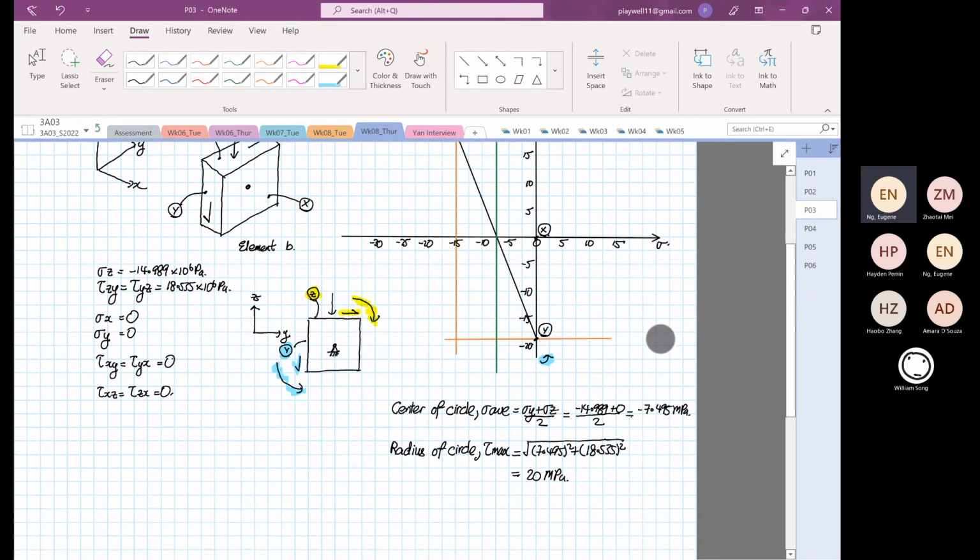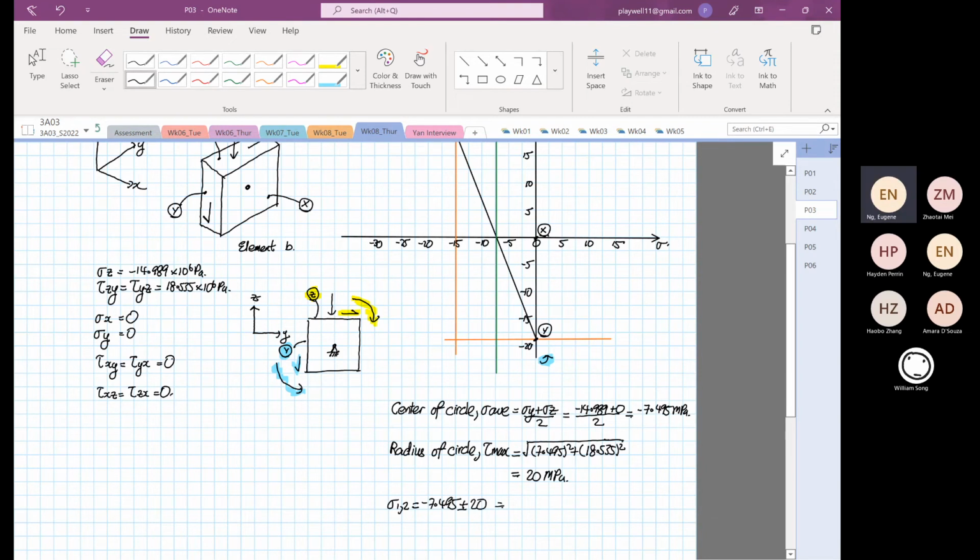Then finally, we can calculate our principal stresses 1 and 2. So it's equal to minus 7.495 plus or minus 20.